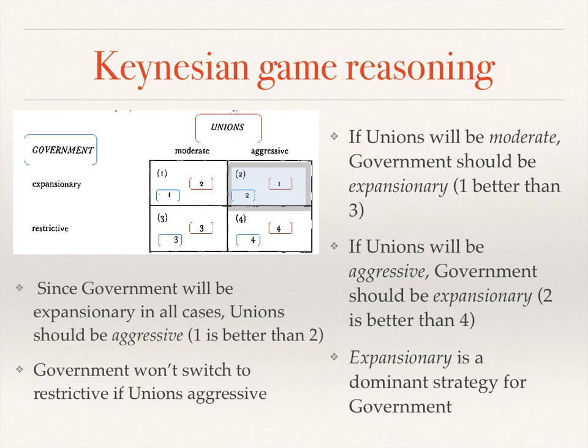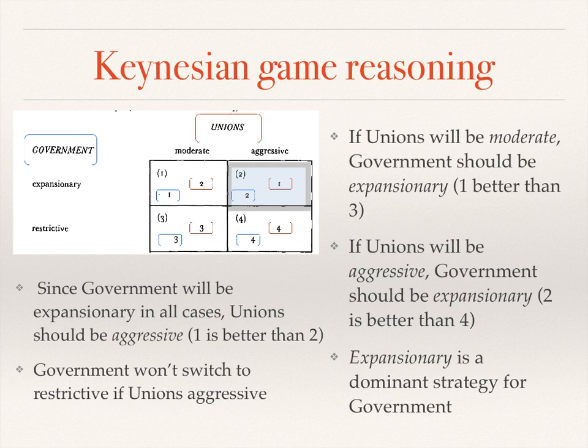Now, this is obviously a very simplified picture of a very complicated situation. You can think about timing and so on. Scharpf is very well aware of how this is a kind of abstraction, but the point he particularly wants to make is that the government won't switch to a restrictive policy if unions have aggressive wage demands, because that would leave them in an even worse situation.